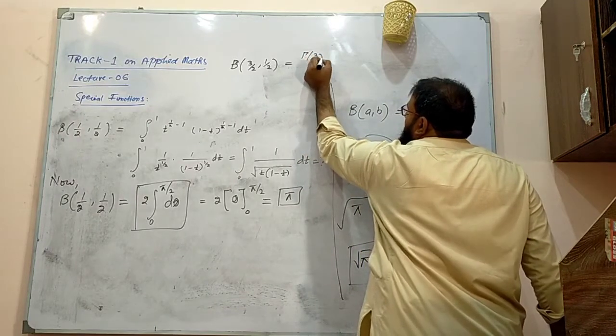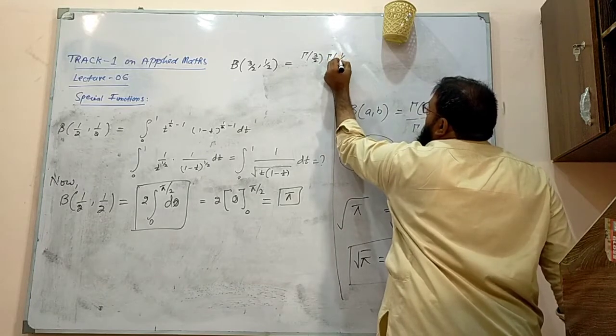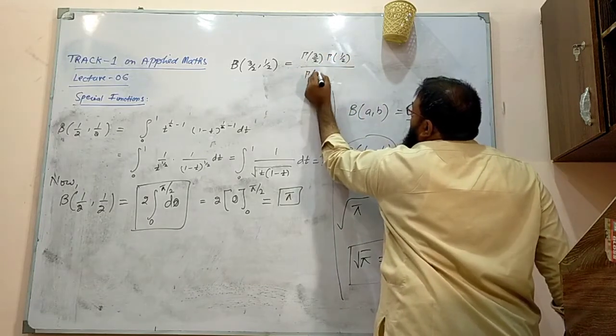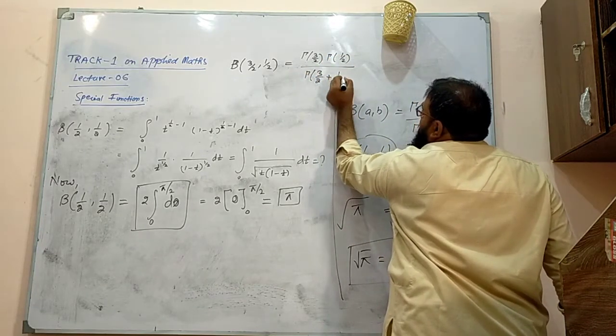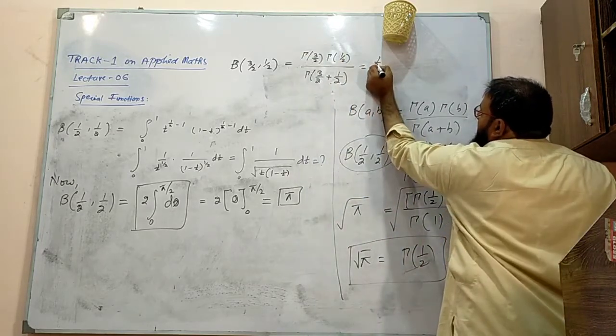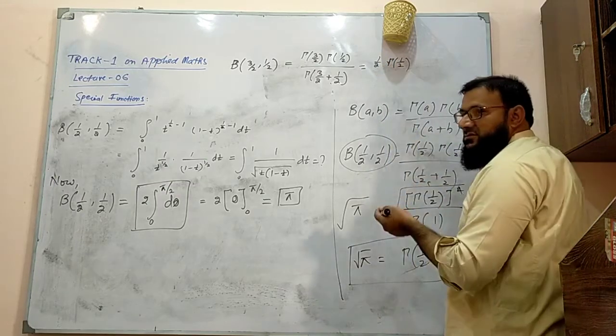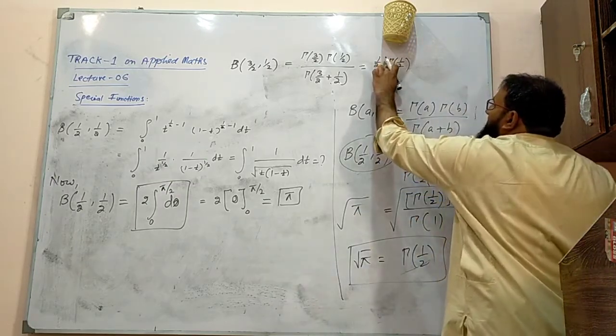I can convert this using this formula: gamma of 3/2 times gamma of 1/2 over gamma of 3/2 plus 1/2. You know very well gamma of 3/2 is going to be 1/2 times gamma of 1/2, using what we call the recurrence relation.